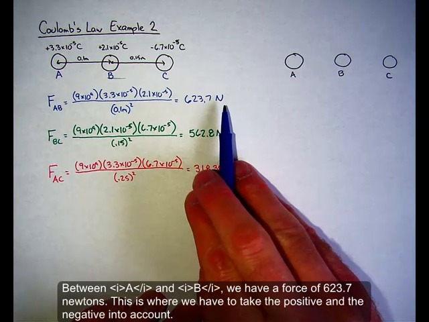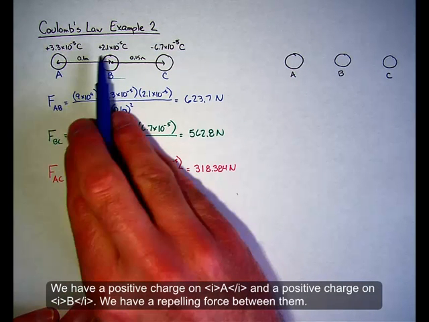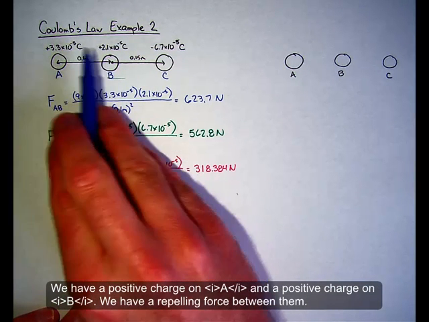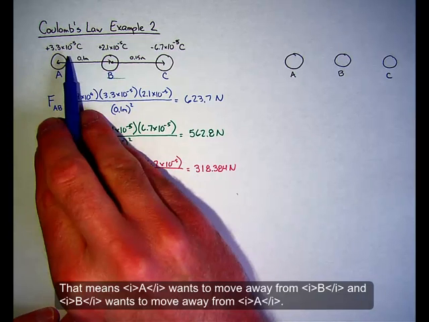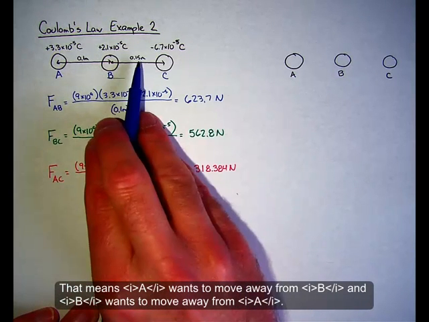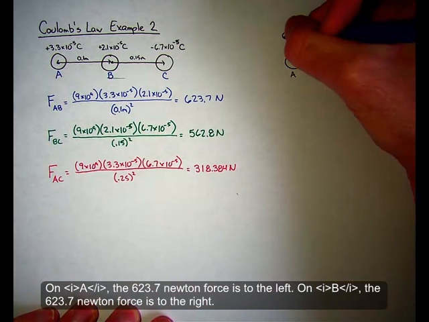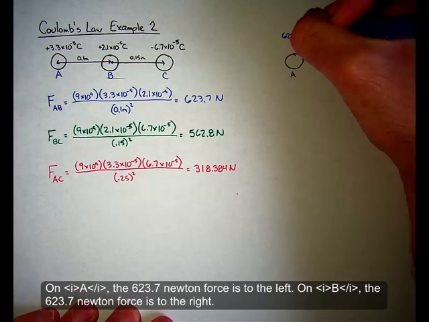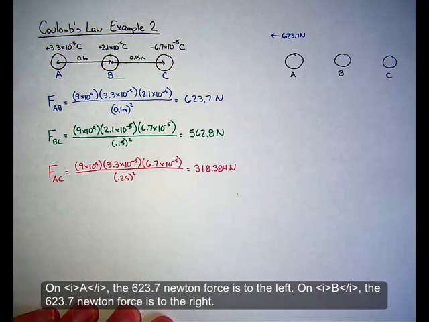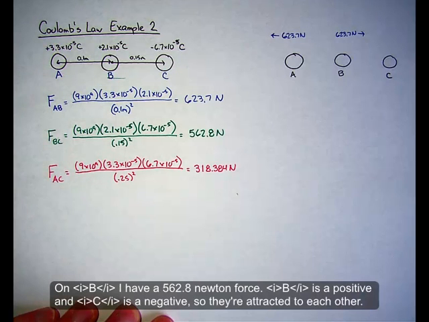This is where we have to take the positive and the negative into account. So we have a positive charge on A, a positive charge on B. So we have a repelling force between the two of them, which means A wants to move away from B, B wants to move away from A. So the force is pushing them apart. So on A, I have this 623.7 newton force to the left. On B, I have this 623.7 newton force to the right.